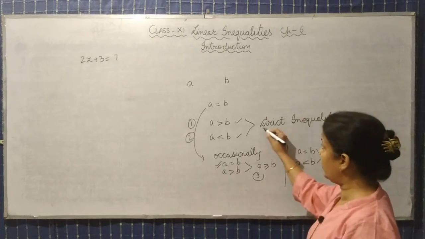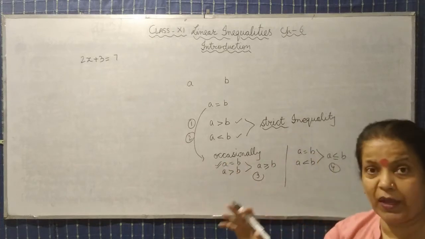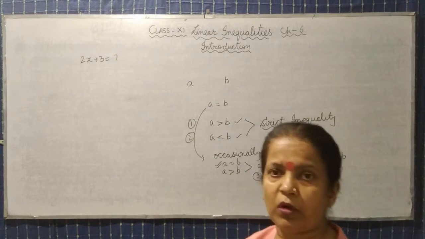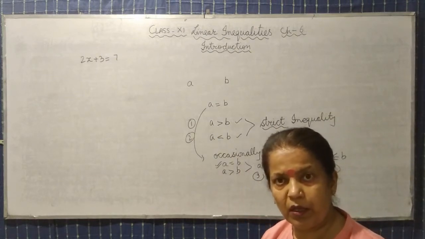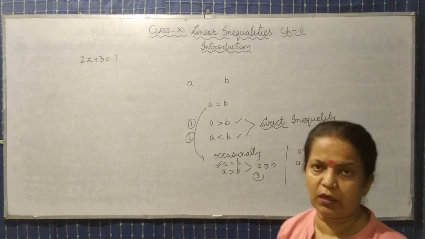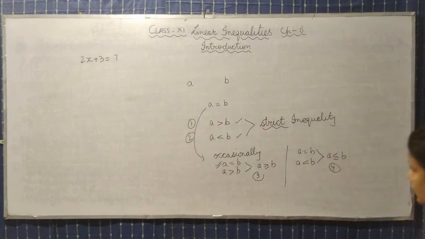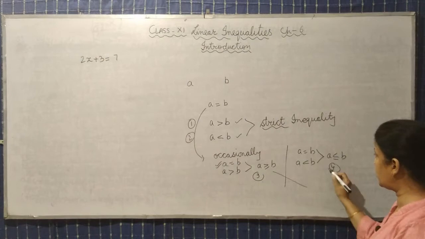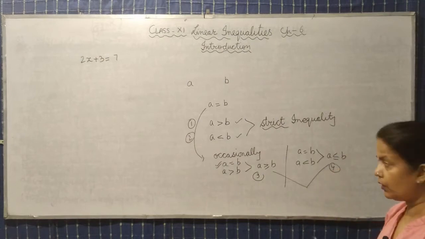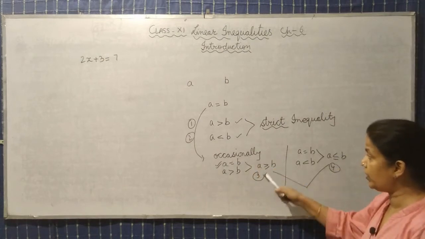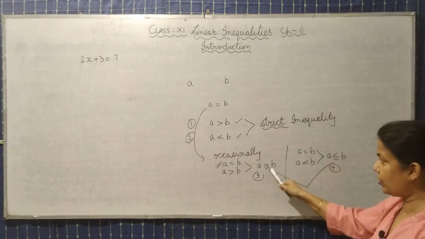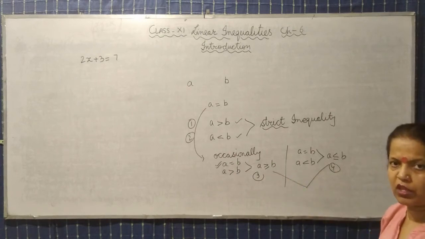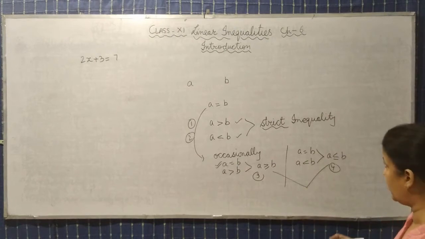Why is it strict inequality? Because यहाँ पे exact बोल रहा है, strictly बोल रहा है that either A is more than B or it will be less than B. But in these two conditions, occasionally it can be equal also, greater or equal also, sometimes greater or sometimes equal.